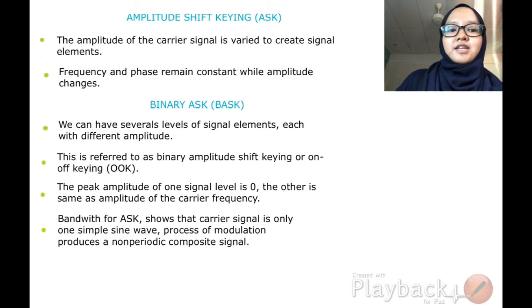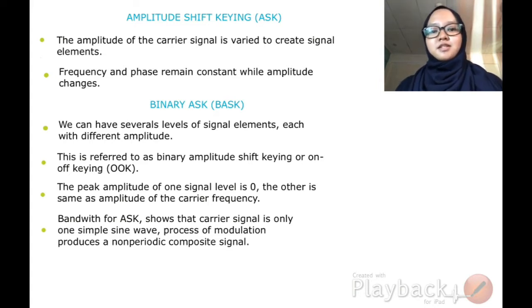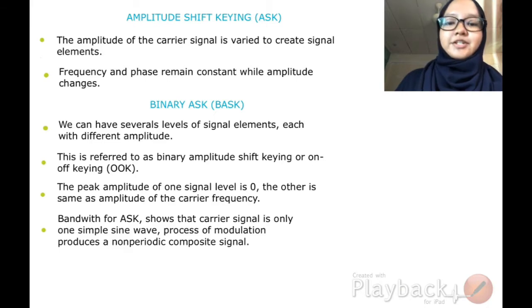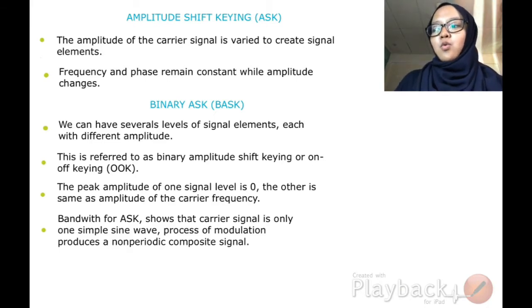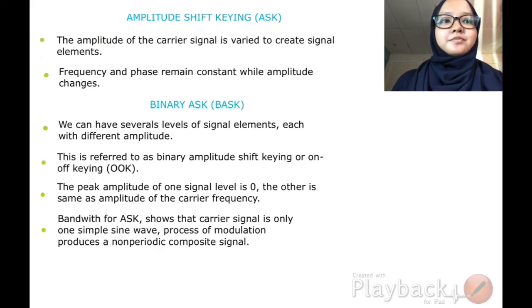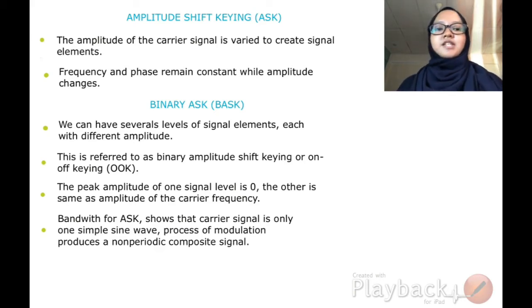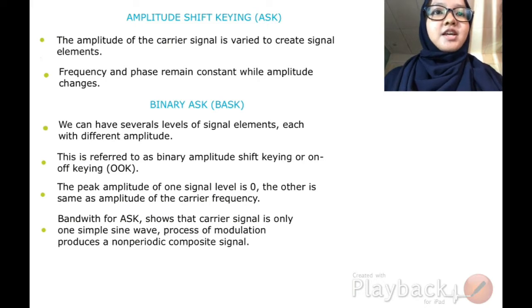For the bandwidth of ASK, the carrier signal is only one simple sine wave, and the process of modulation produces a non-periodic composite signal. The formula is B equals 1 plus d times S.